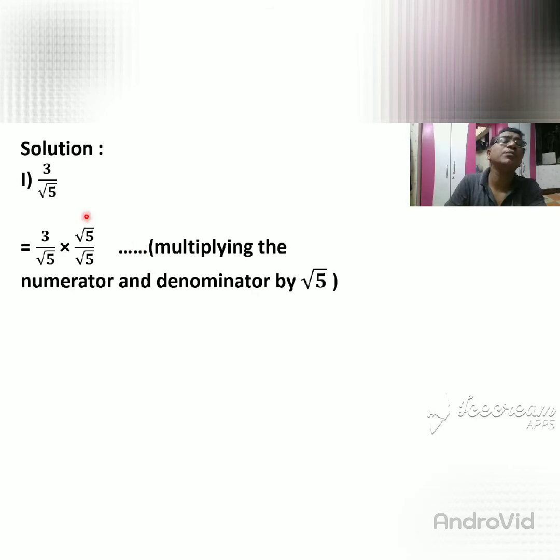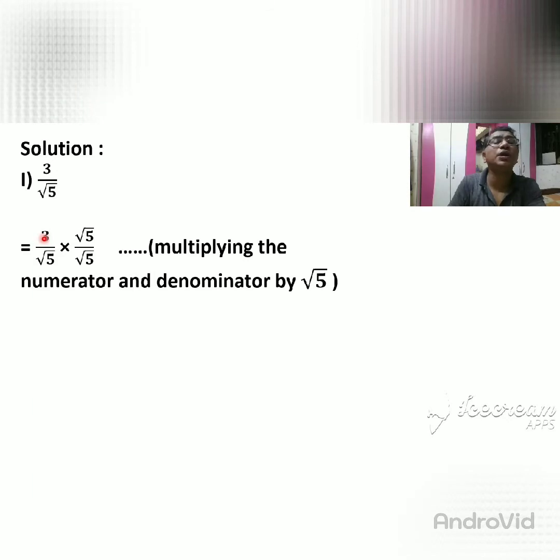Do you understand? Because we want to remove the square root sign, the 5 can be removed from the square root sign. So whatever the denominator is, root 5, root 5 is multiplied to the denominator as well as root 5 to the numerator.